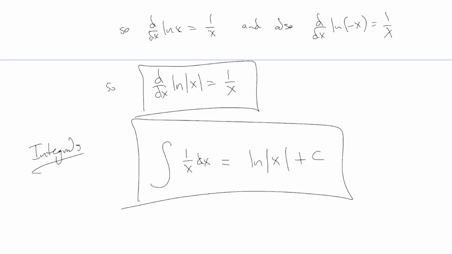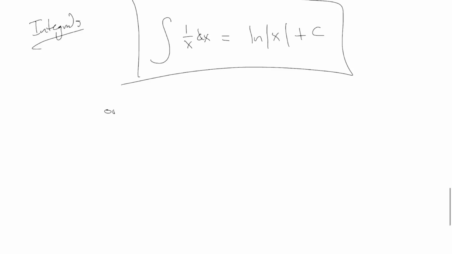Another way of writing the same thing would be this. Of course, 1 over x is the same as x to the minus 1, right? So this is another way to write the same formula. What it means is when you're doing integrals and the exponent is minus 1, you don't use the normal rule.